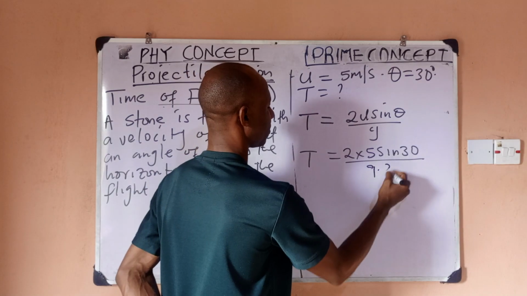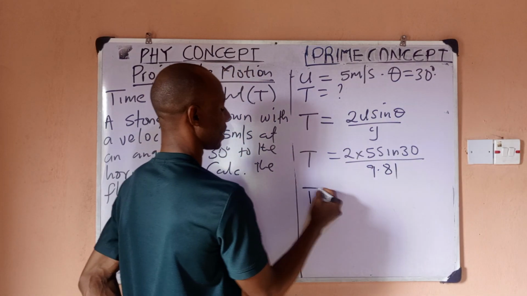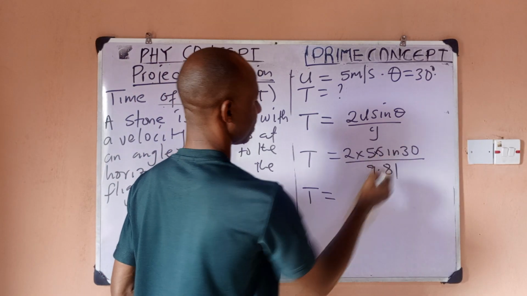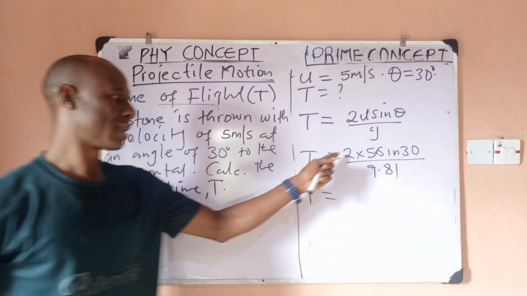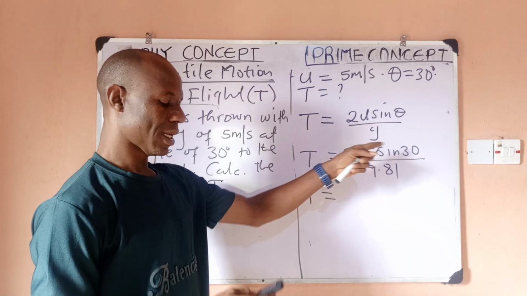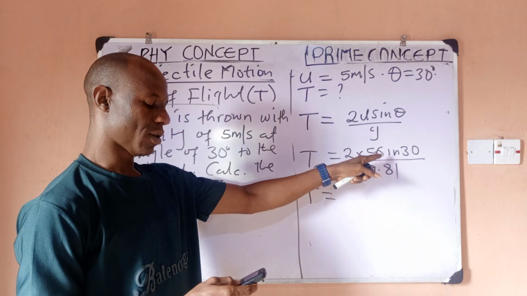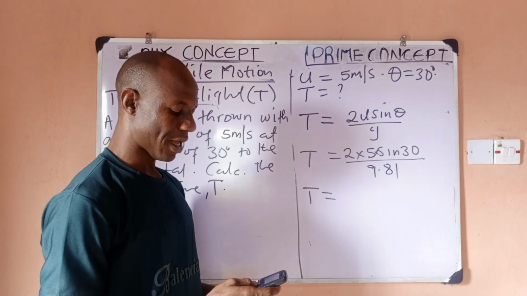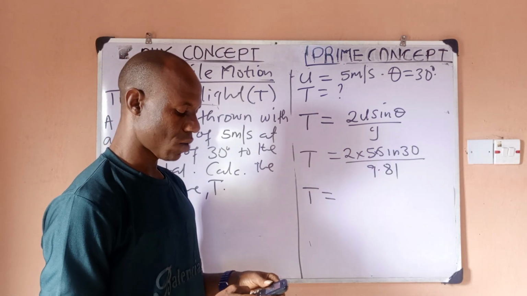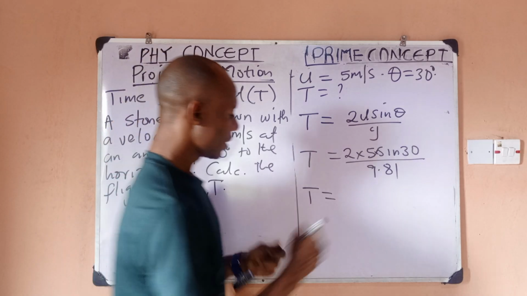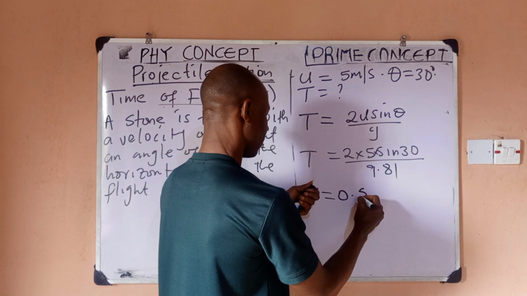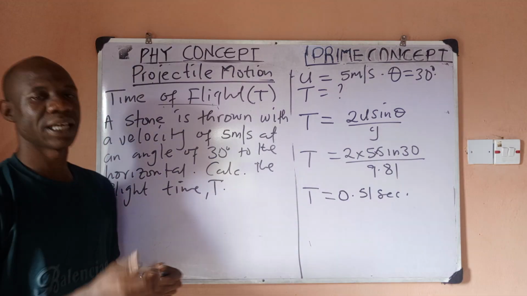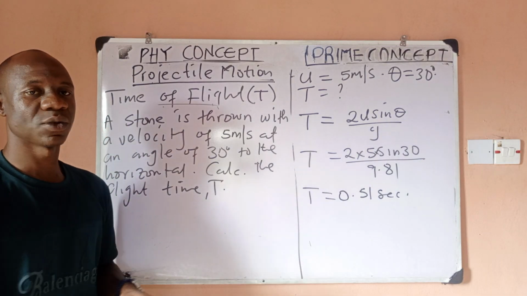Remember, u is 5, so 2 times 5 is 10. 10 times, remember sine 30 is 0.5, so 10 times 0.5 is 5. So I would say 5 divided by 9.81. This would give me 0.51 seconds, nearly half a second. So 0.51 seconds is the time of flight.